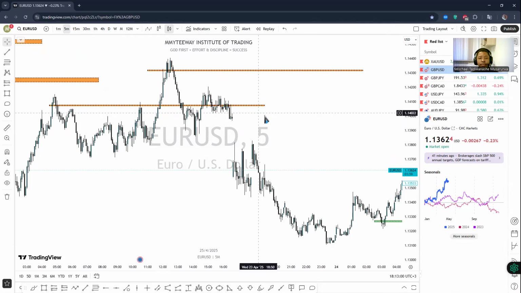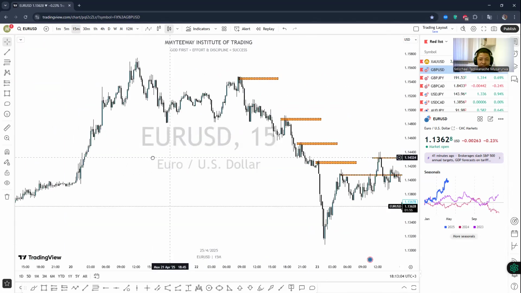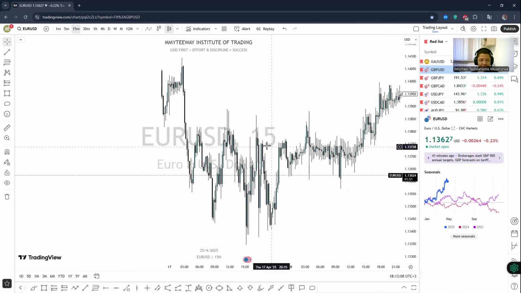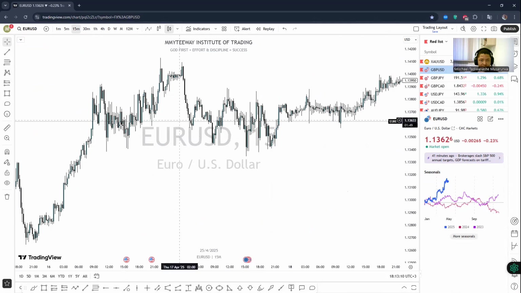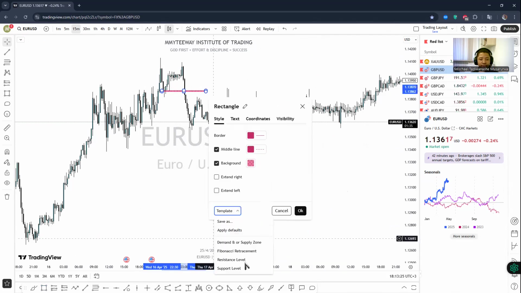retracement for? Let's just say, for example, you're in the 15 minutes and there was a big break of structure. Yeah, we are going in an upward direction and there's a break of structure here, right? This was the previous low, this one, and then it was broken down, right?